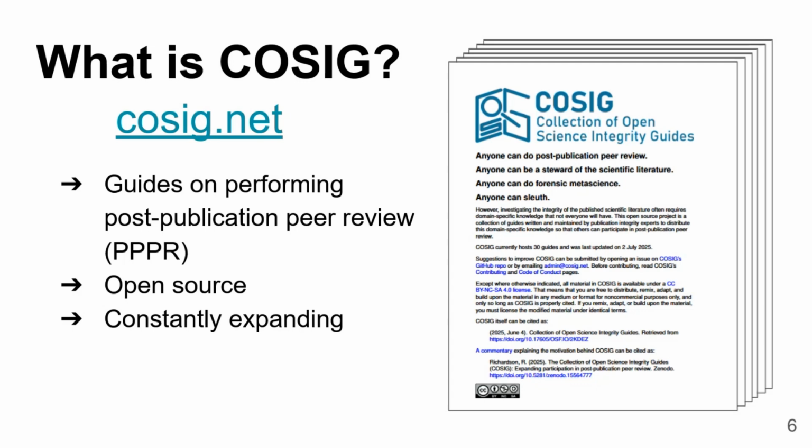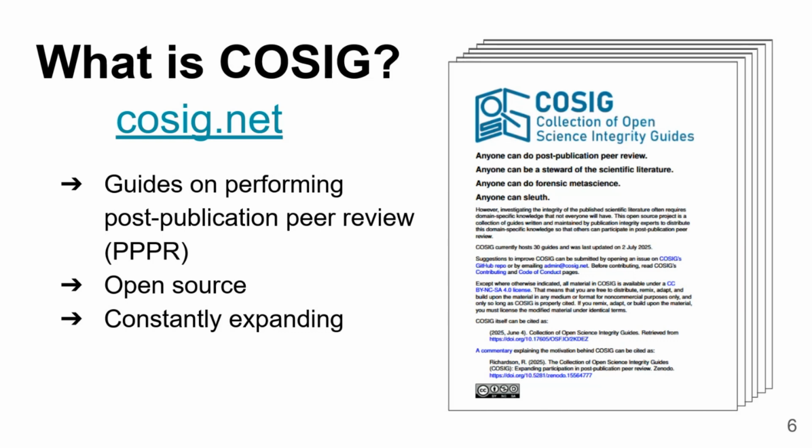And to that end, COSIG is constantly expanding. When we launched in June, there were 27 guides. Now we have 30. There are a couple of guides that are on the docket already, and the goal is for COSIG to keep expanding as long as it is useful.